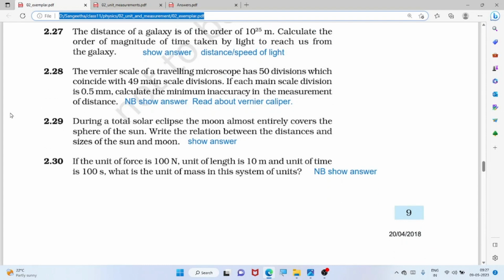The scale of the traveling microscope: 50 vernier scale divisions coincide with 49 main scale divisions. If each main scale division is 0.5 mm, calculate the minimum accuracy.